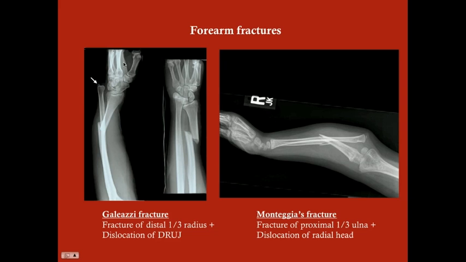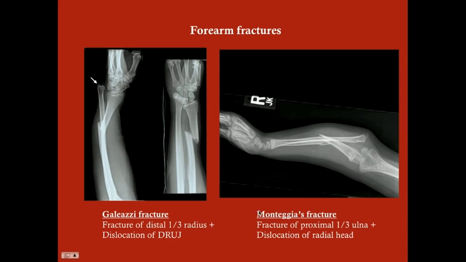So here you can clearly see that there's a fracture of the distal 1/3 of the radius, which is right here. You also have a disruption of the distal radial ulnar joint. The distal radial ulnar joint is just where the radius and the ulna come together, and that would be right here. So any kind of disruption of that would be a dislocation of the distal radial ulnar joint.